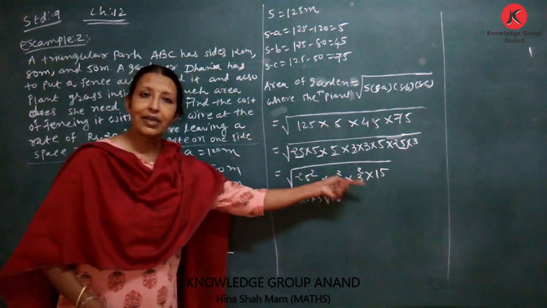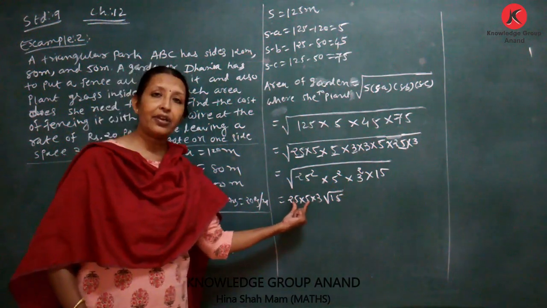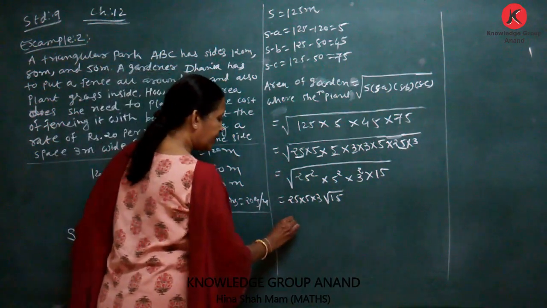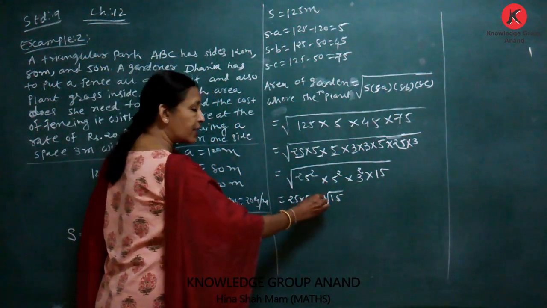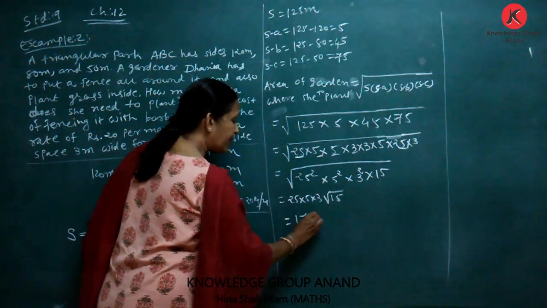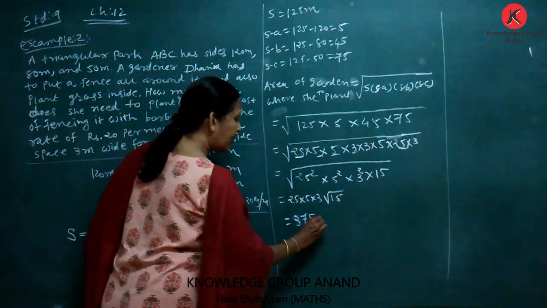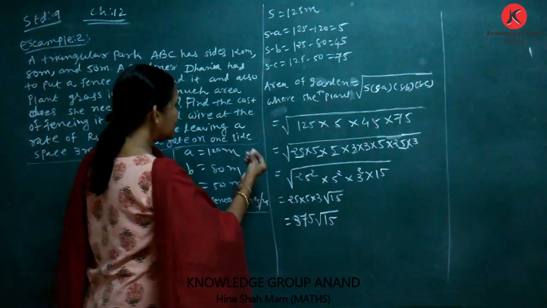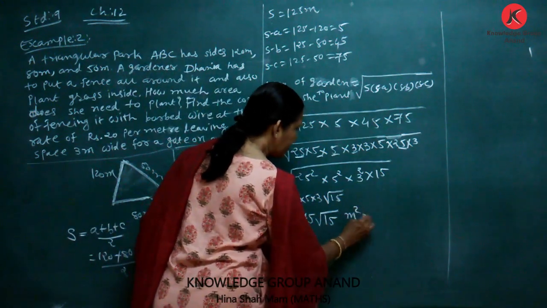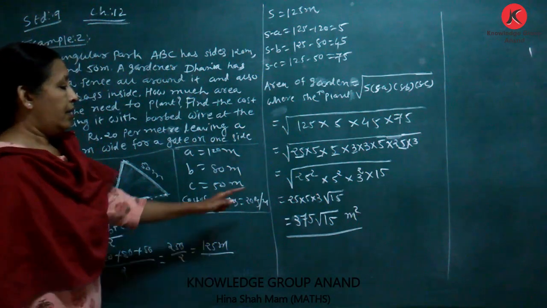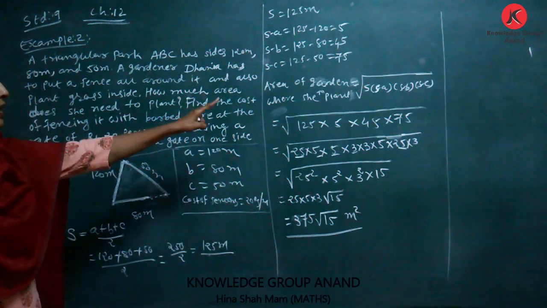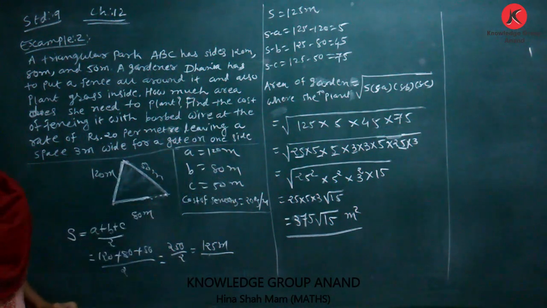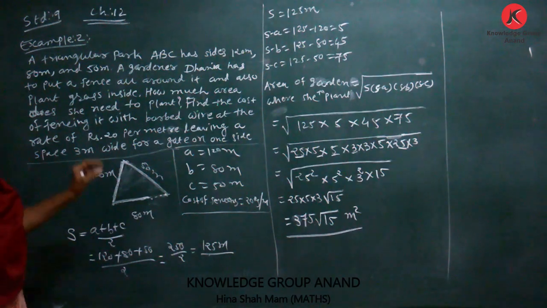The square terms come outside the square root. 25 fives are 125, 125 threes are 375, root 15. What is its unit? Meter square. So the area of the garden where she plants grass is 375 root 15 meter square.